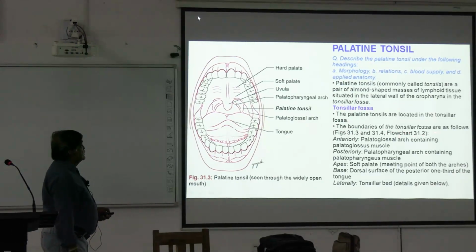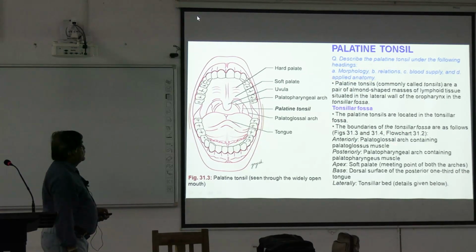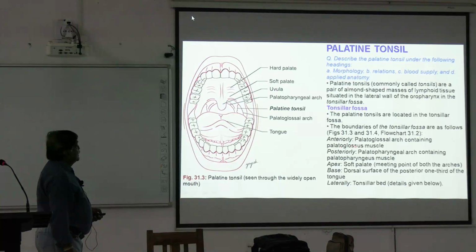The boundaries of the tonsillar fossa: anteriorly palatoglossal arch containing palatoglossus muscle, posteriorly palatopharyngeal arch containing palatopharyngeus muscle, apex soft palate, the meeting point of both the arches, and base dorsal surface of the posterior 1/3 of the tongue, lateral tonsillar bed.